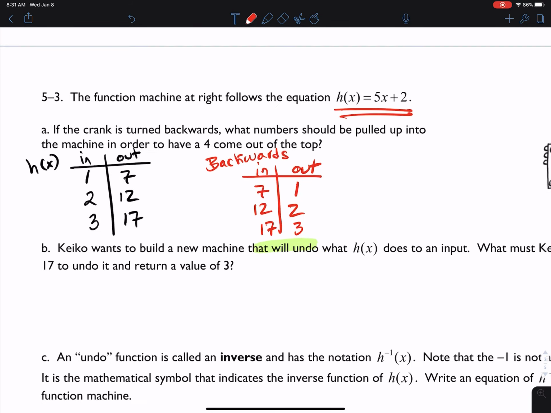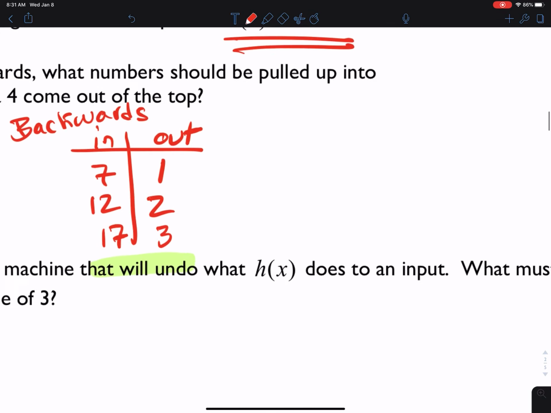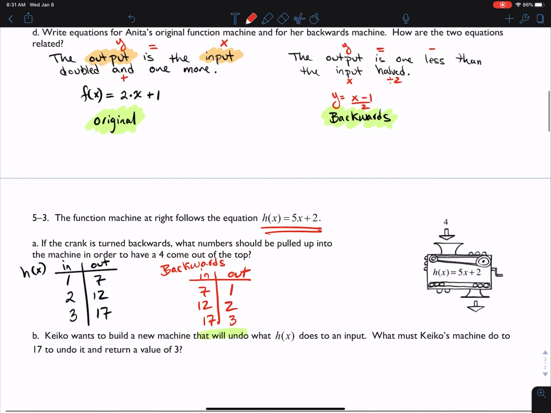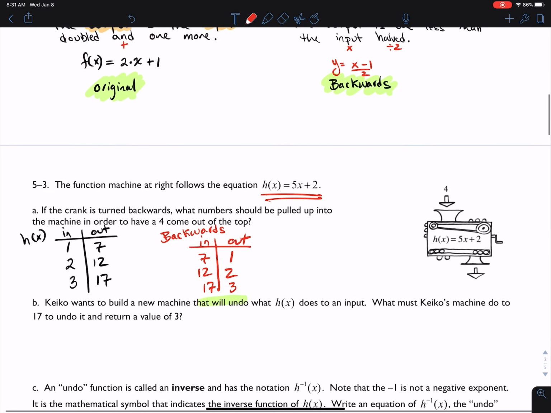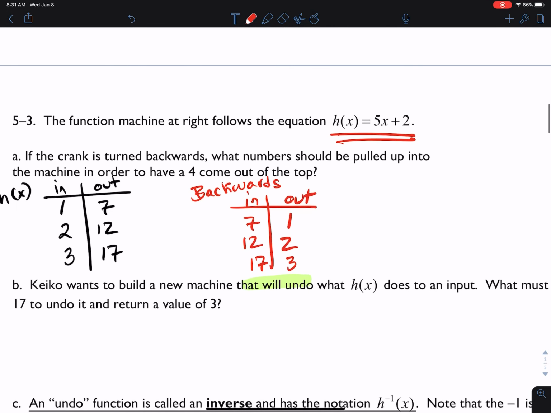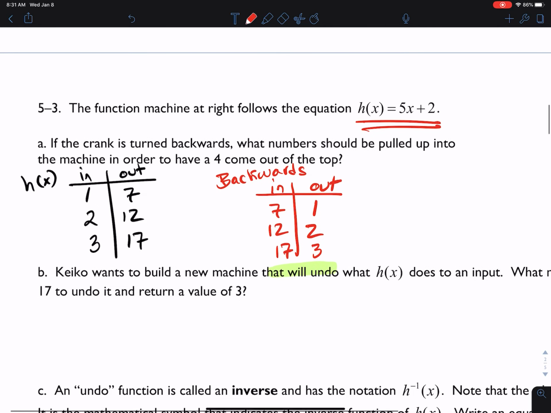What I could have done is also try to find a rule in the same way I found a rule for this table, and then use that rule to help me figure out what would be the input that would give me 4 as an output. But this problem doesn't require me to do that, so I'm going to use the fact that I noticed that 4 would be the next value in my table.